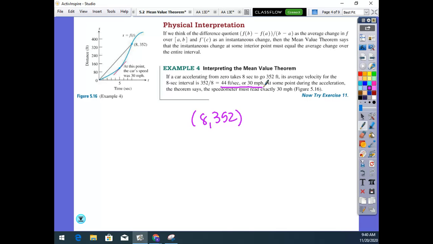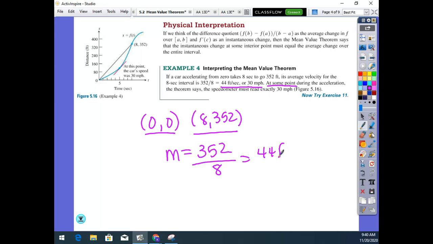What this says is, at some point, from beginning to end, because this is saying from 0, 0, our starting point, to another point, the slope of these 2 points is 352 divided by 8, which is 44 feet per second, and we can convert all of this to get it into 30 miles per hour.